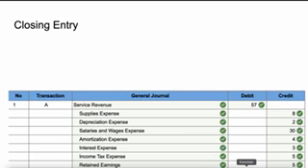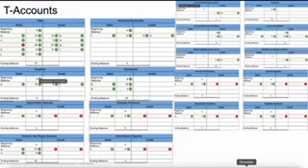From here on, we move on to the closing entry, and the way we prepared for this was we closed the temporary accounts by transferring revenues and expenses to the net income summary account, then transferring the balance to retained earnings. These are the T accounts from the beginning, which is flip-flopped.